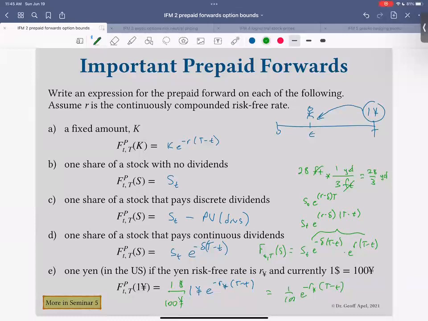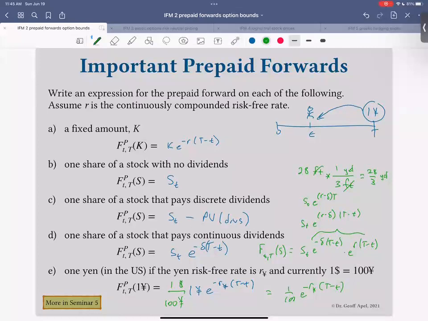So instead of remembering the forward prices, I mean, those are important and it's not too hard to remember, but the prepaid forwards are going to become much more important to us. The nice thing is if I know the prepaid forwards, I automatically know the forward prices because it's just the prepaid forward plus interest, basically.